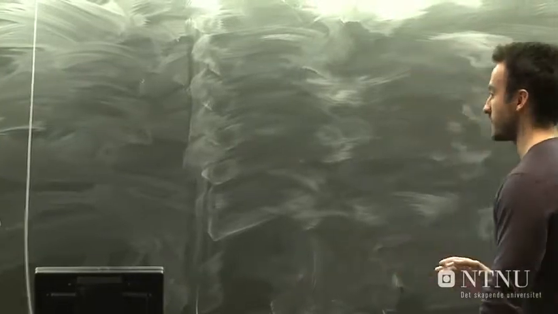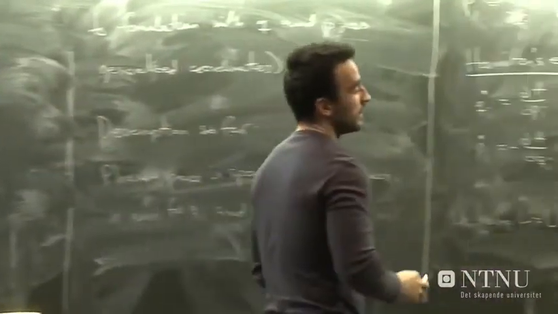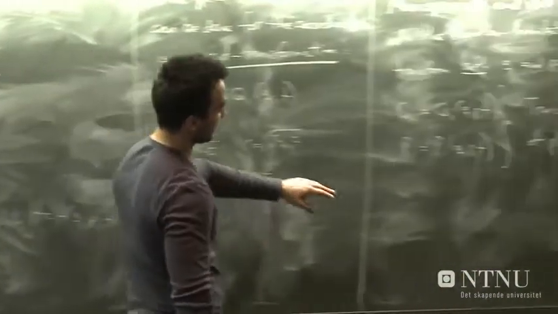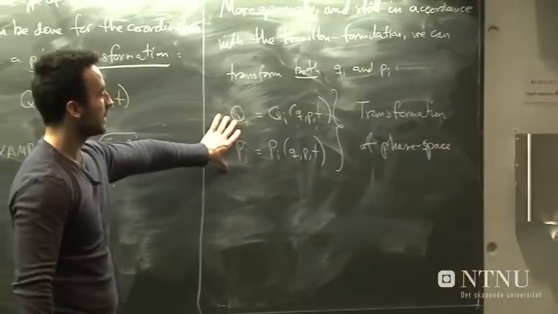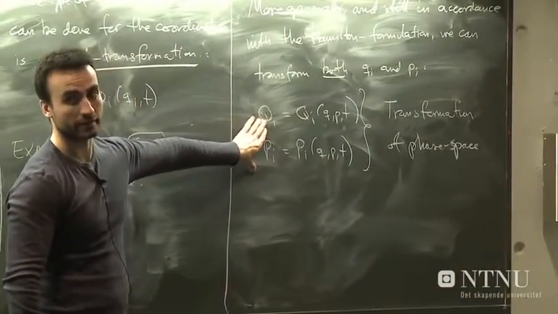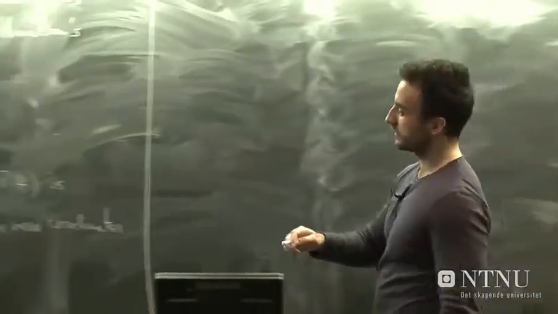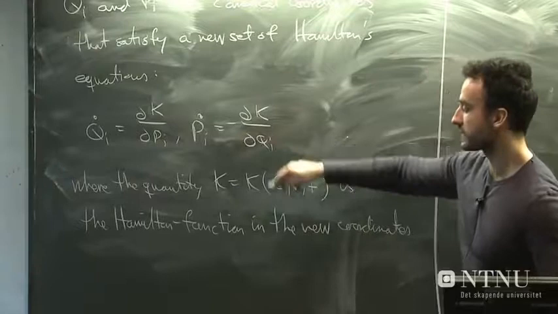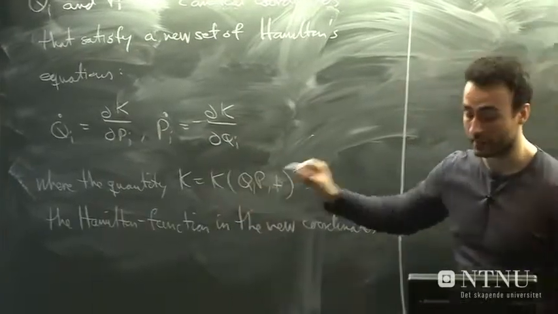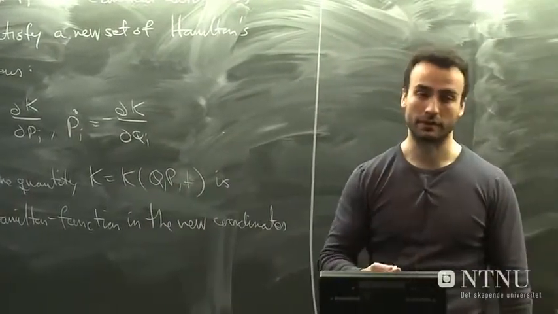So the main message here is that this set of transformations is a canonical transformation if the new coordinates satisfy these equations, where K is the Hamiltonian expressed in the new coordinates.